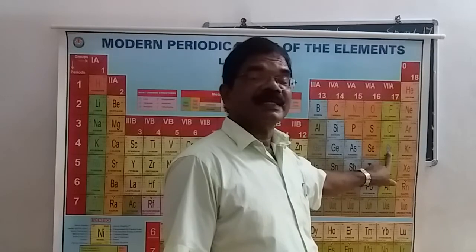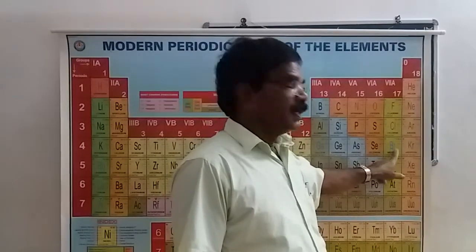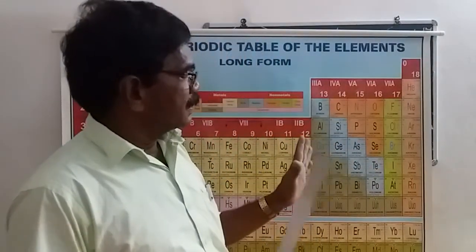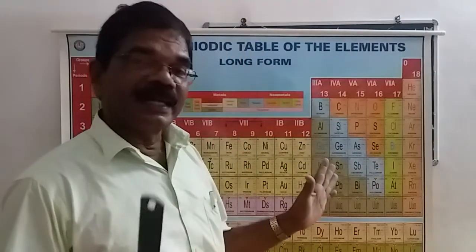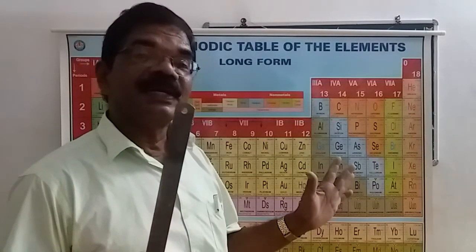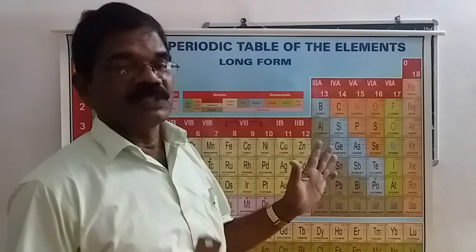Electronegativity is the characteristic property of non-metals. Then we can go on to study how this non-metallic character, or electronegativity, changes in a group and a period. It is the reverse of electropositivity.